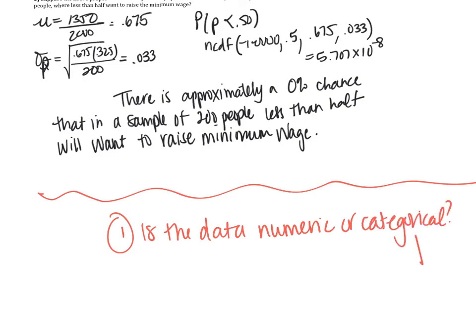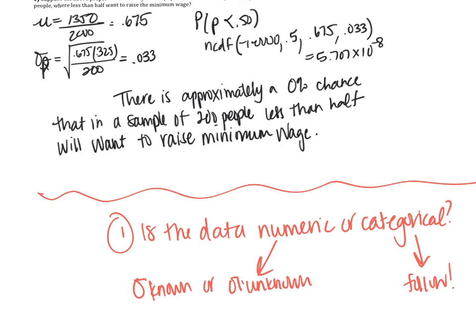Once you determine categorical, you're good to go. Follow those steps. Once you decide it's numeric, you ask yourself, is sigma known or sigma unknown? And based off of that, you follow the next steps. Either way, that's a really important part.